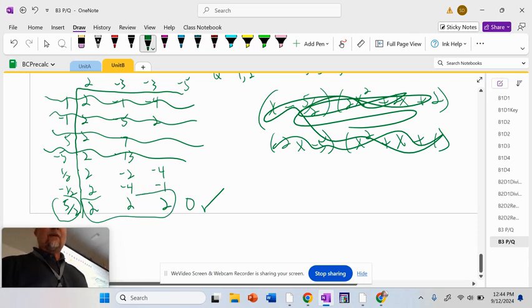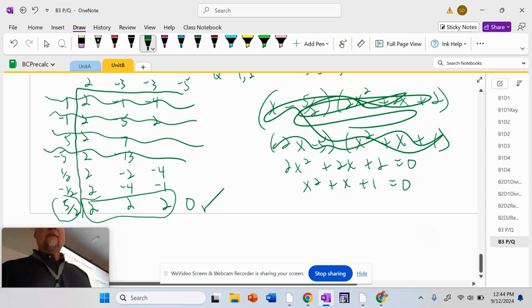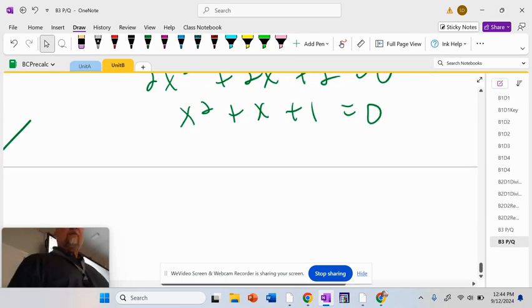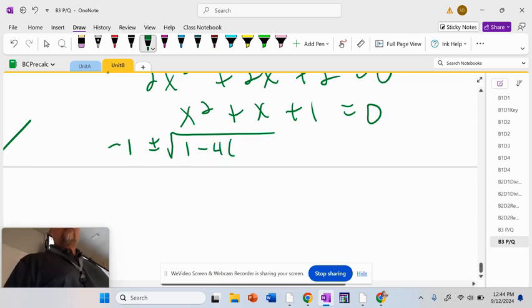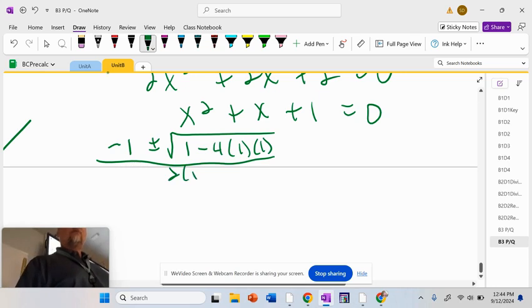I just need to take this depressed polynomial now and solve it. And obviously, the first thing I would do is divide by 2. And then it says real zeros, but we're better than that. How do I get these zeros when this is not factorable? The opposite of b plus or minus the square root of b squared minus 4ac, all over 2a.